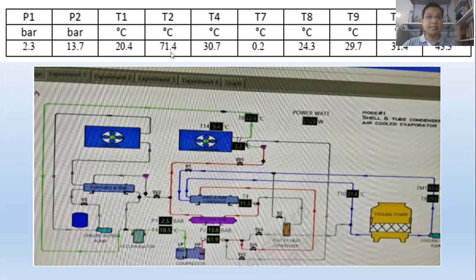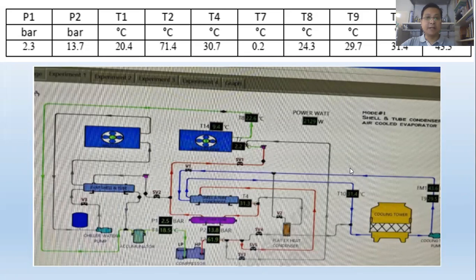From this condition, actually this number is not matched with the table from the computing system. It's not matched, I know, but I just want to explain what the function of T1 in the computing system is. So don't follow the number, but follow the identification of the parameter.